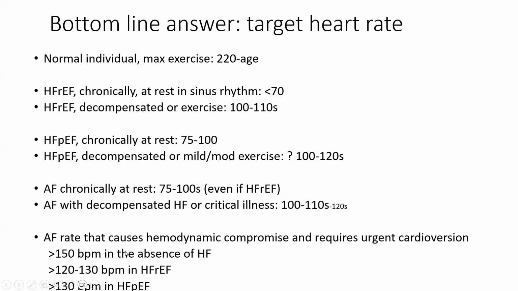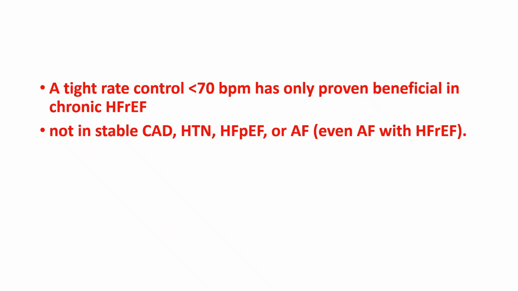That rate is over 150 beats per minute in patients without heart failure, meaning those patients who have shock without massive pulmonary edema, or that heart rate is over 120, 130 beats per minute in patients with shock and heart failure with reduced EF, or that heart rate is over 130 beats per minute in patients with shock and heart failure with preserved EF.